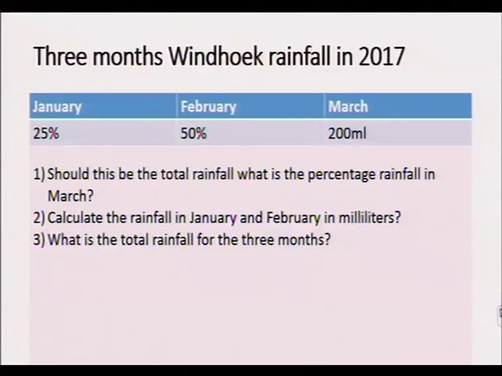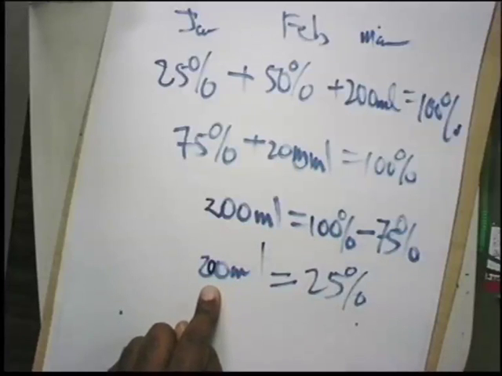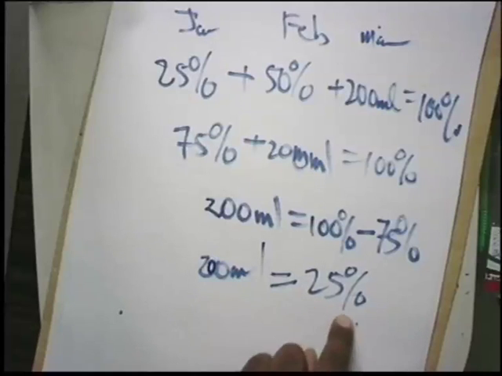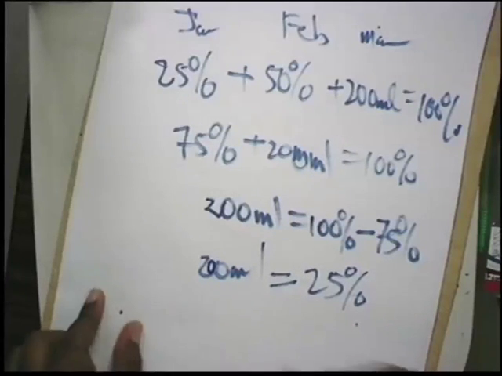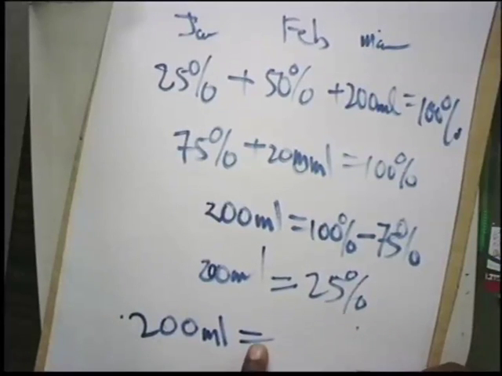Either I can assume, because you know that in March 25% was 200 milliliters, that also for January it is 200 milliliters. Why? Because in March it was 25% and it was also 200 milliliters. So for January and March it is the same amount in terms of percentage and in terms of milliliters. But if you want to find out for February, which is 50%, it's very simple.